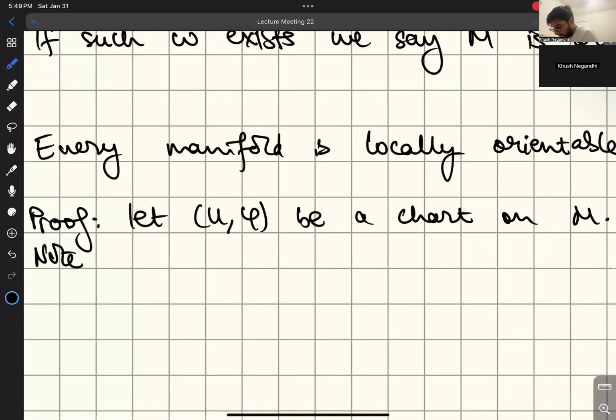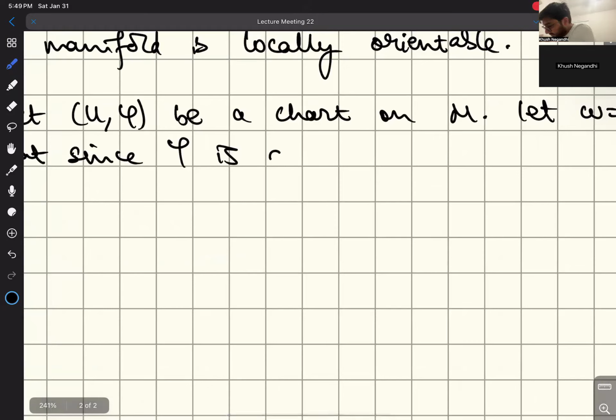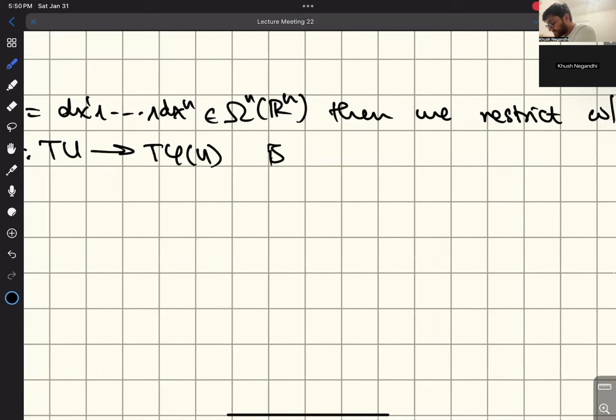Note that since phi is a diffeomorphism, d phi from the tangent bundle of U into the tangent bundle of phi of U is invertible.